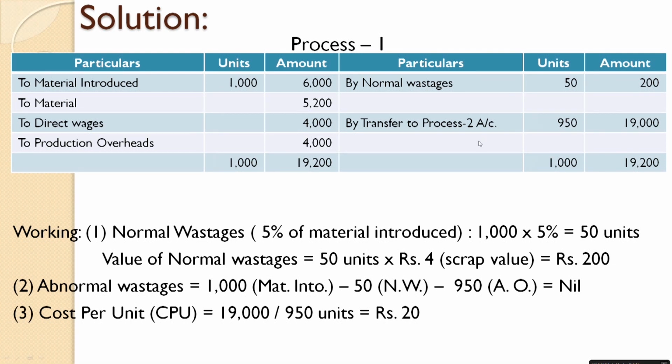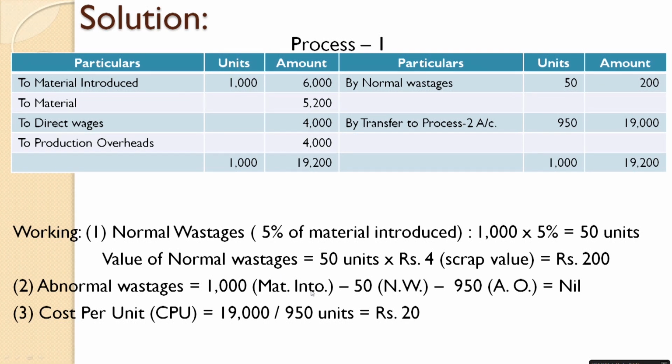Now we need to find out the abnormal wastage also. What is the formula to determine the abnormal wastage or abnormal gain? It is a very simple way. First we need to identify how much material was introduced in this particular process. We have a very clear identification, that is 1000 units introduced in process 1.